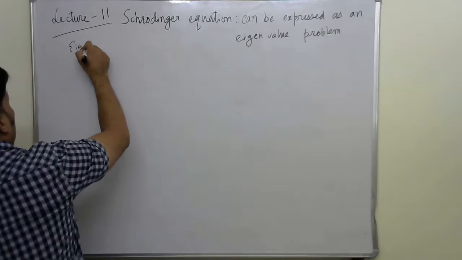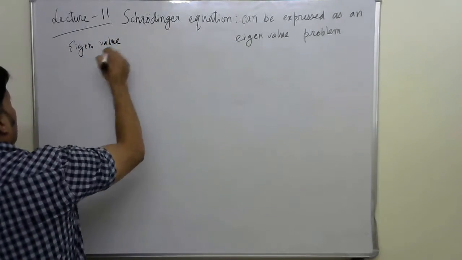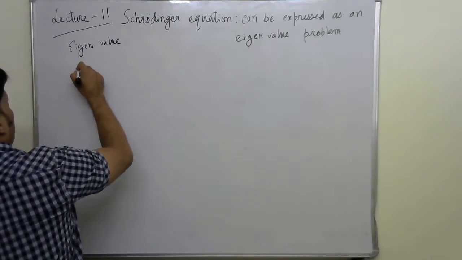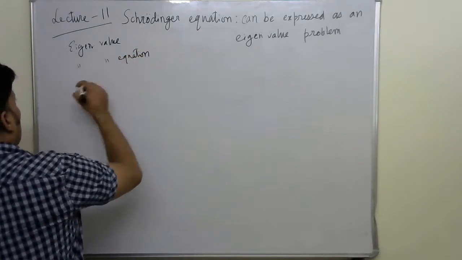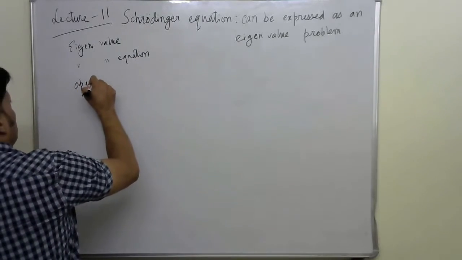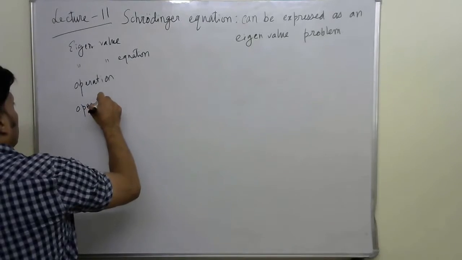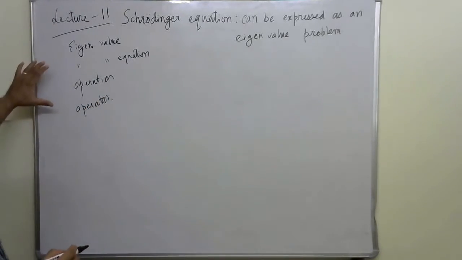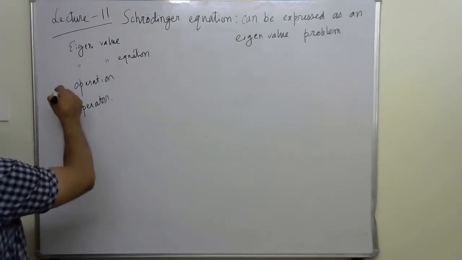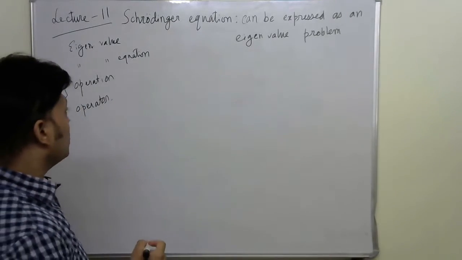The terms are eigenvalue, eigenvalue equation, and there are two terms, operation and operator. We will come to eigenvalue and eigenvalue equation later, and let's first start with these two terms, operation and operator.